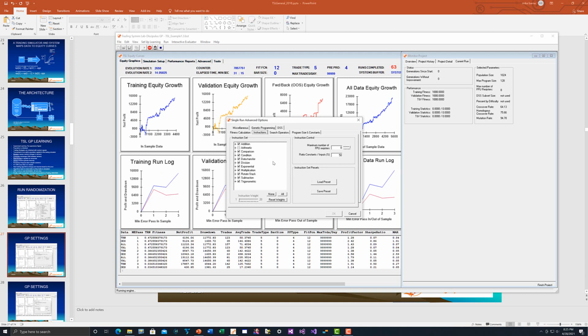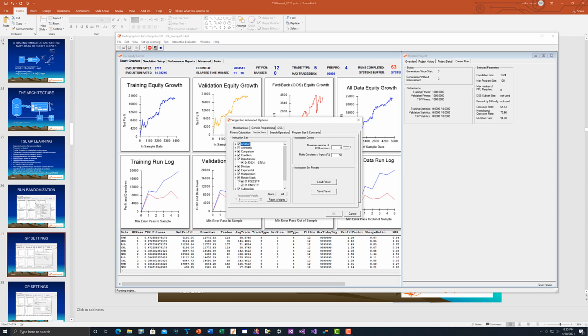In the instruction sets, if we're going to adjust anything deep in the genetic program, this is one area that we might consider adjusting. The two areas of data transfer and rotate stack are increased in value if we want the genetic program to be able to discover more readily the higher level GP outputs.